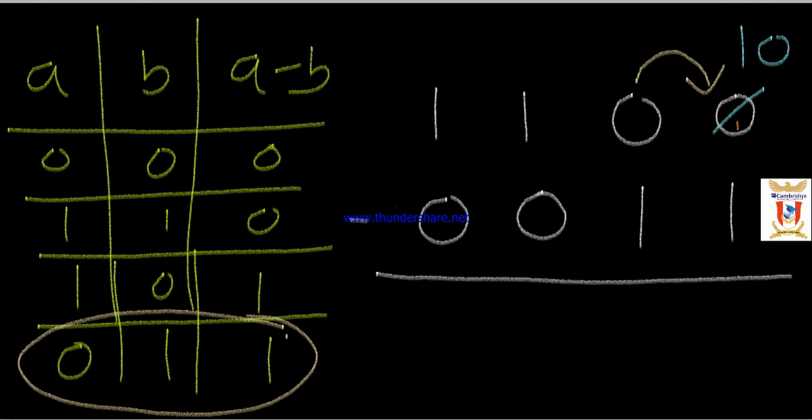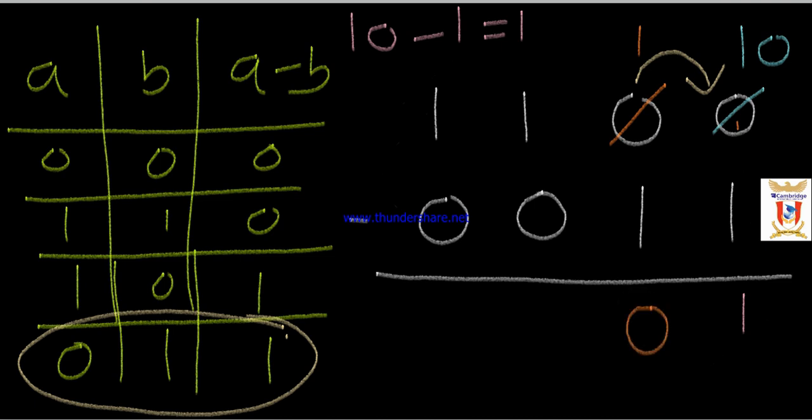10 minus 1 will be 1. Second, after borrowing, here the number becomes 1. As we have only two numbers, 0 and 1. So as we borrow from here, it becomes 1. 1 minus 1 is 0.